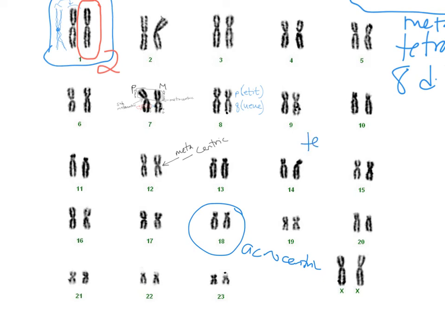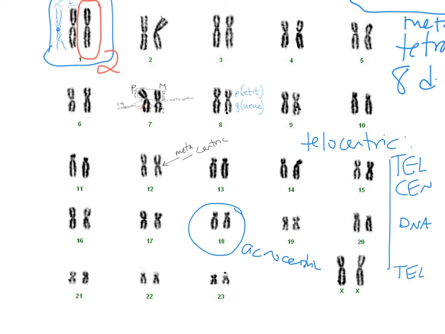Telocentrics basically have no short arm at all. It's telomere in order down the chromosome. Telomere, centromere, coding DNA, that is the stuff, the genes that makes up the chromosome, and then another telomere. So when the telomere and the centromere are right next to each other, those are telocentric.